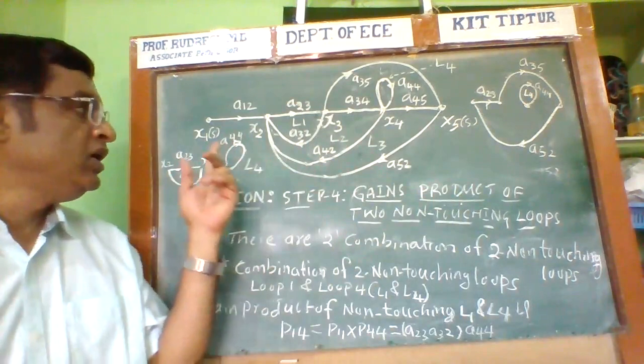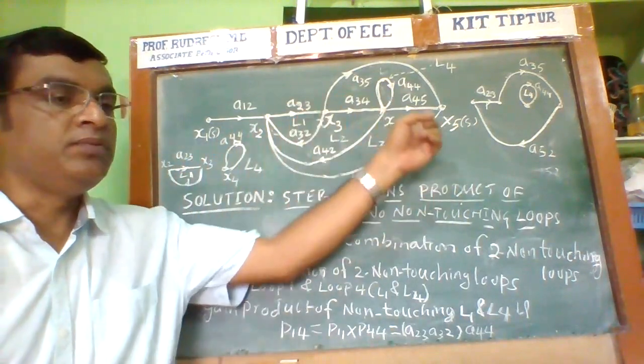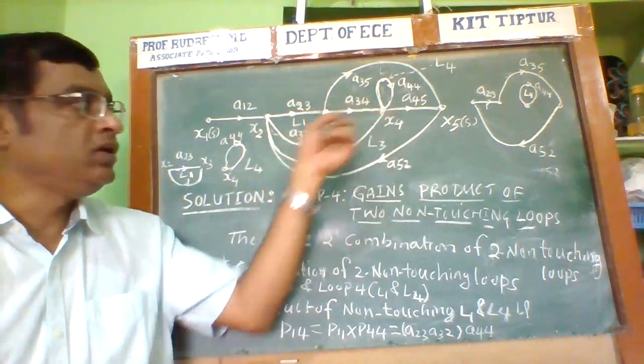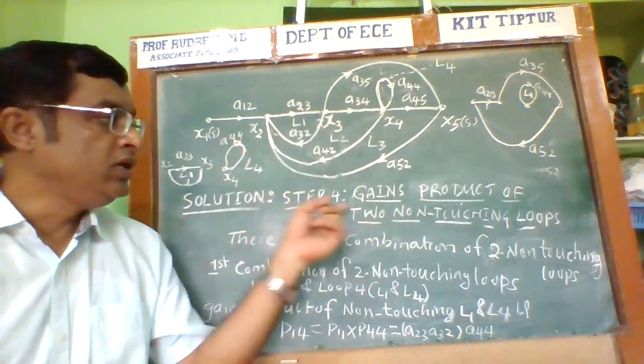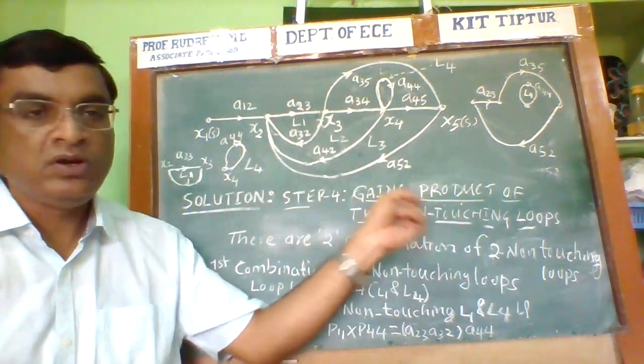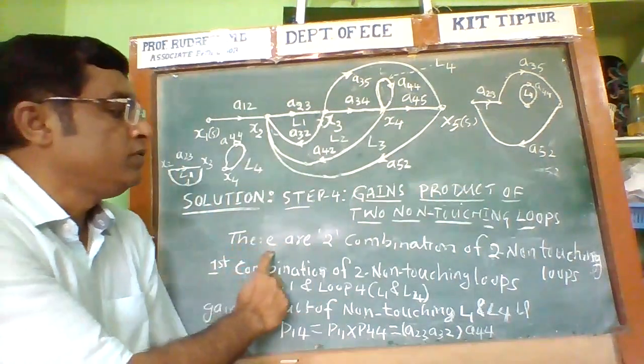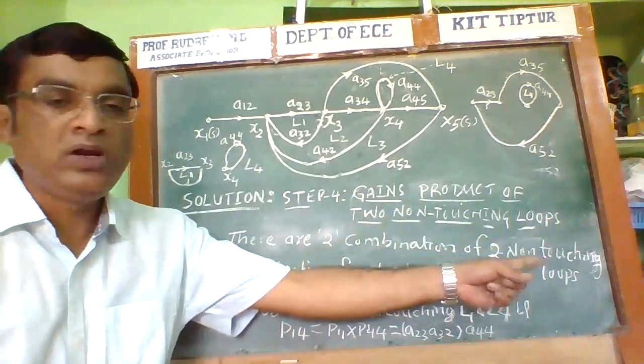After identification, we multiply the gains of the non-touching loops. That gives the gains product of the two non-touching loops combination. So here there are two combinations of two non-touching loops.